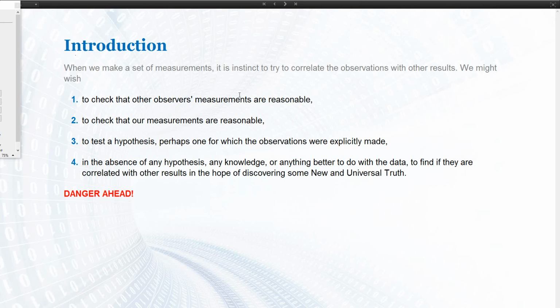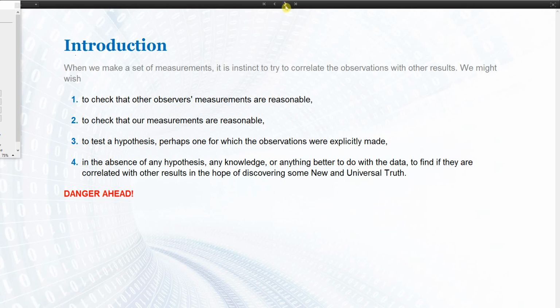Wherever you look, your brain sees faces. You need two dots and a line, and it's a face. That's how our neural network works. And with correlation, it's the same. We see something.